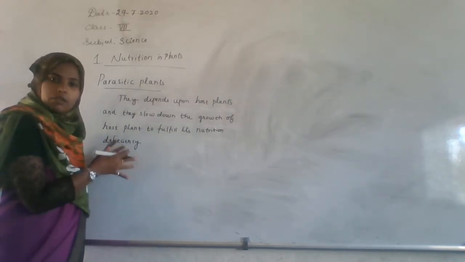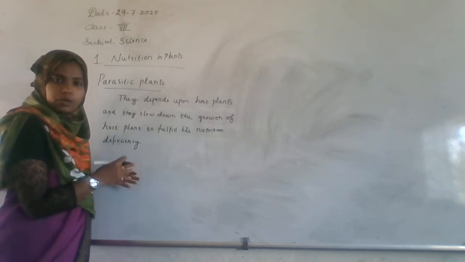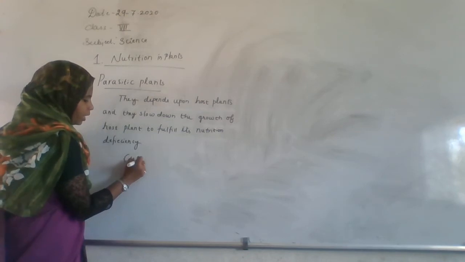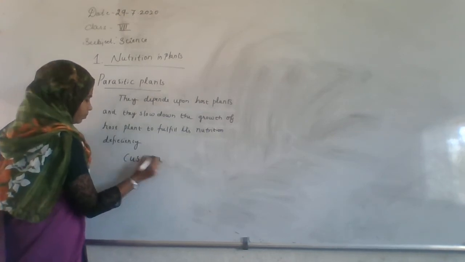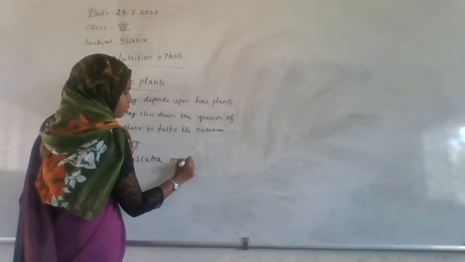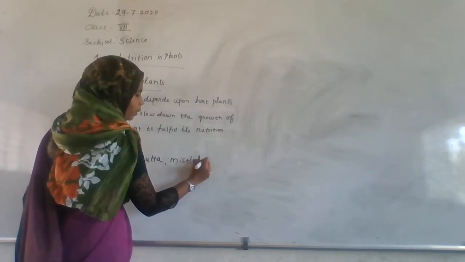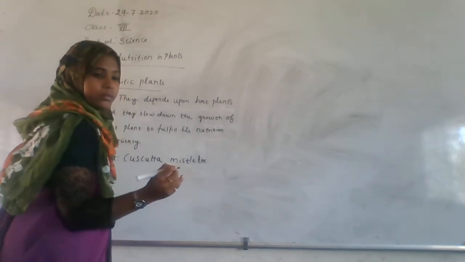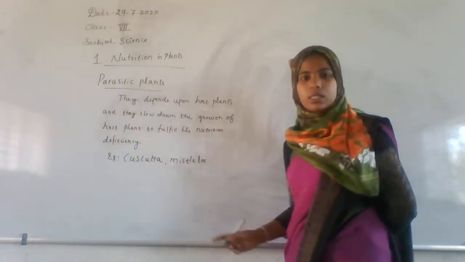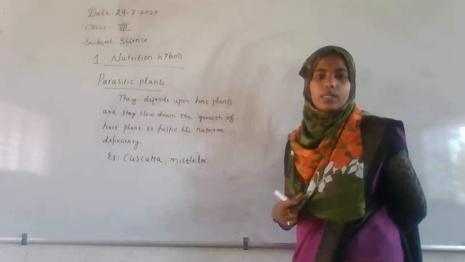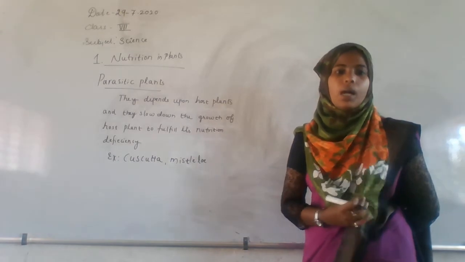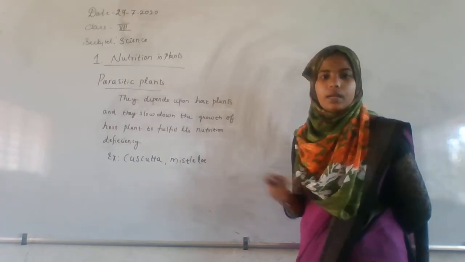That's why they are deficient in nutrition. The example I gave is cuscuta or mistletoe. Cuscuta is also called dodder plant. This is what I discussed in the previous class.